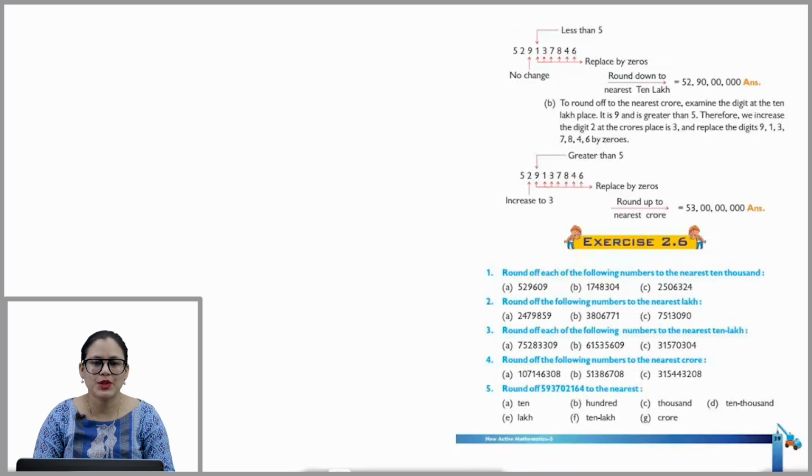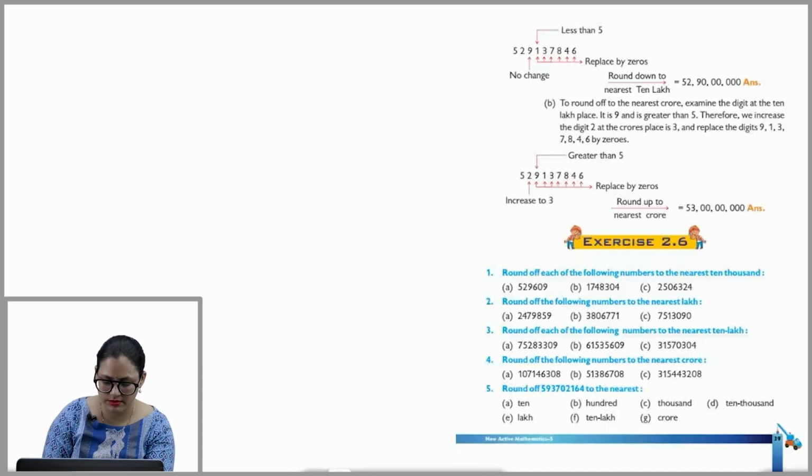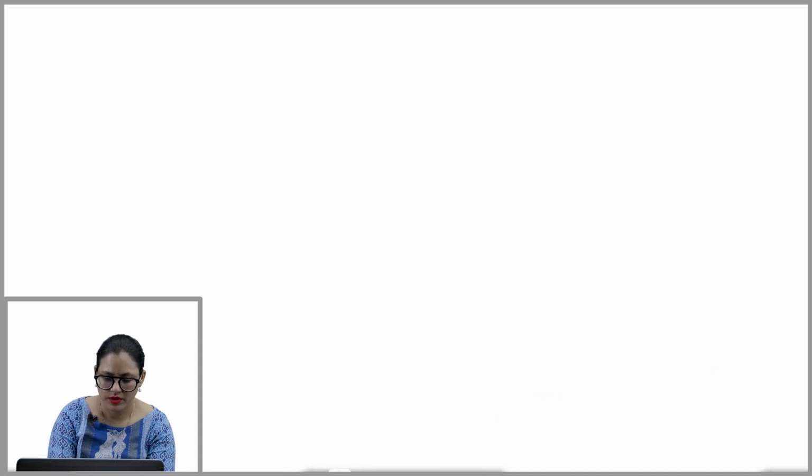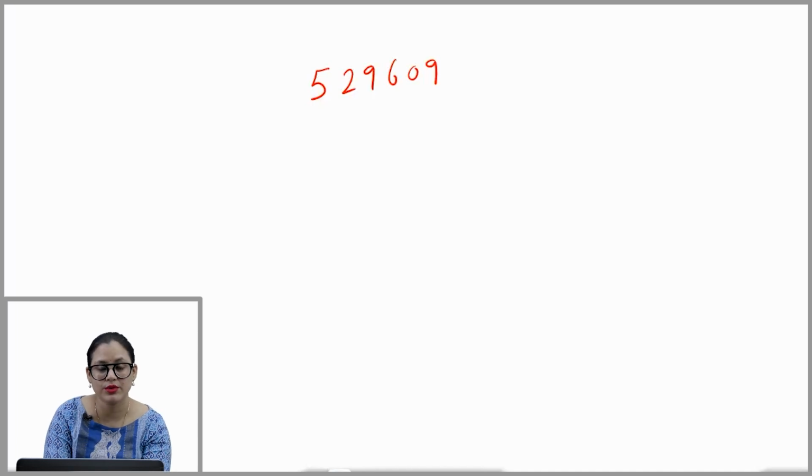Let's do exercise 2.6. Number 1, round off each of the following numbers to the nearest 10,000. So you have this number, 5,29,609. You have to round off this number to the nearest 10,000. We will consider the digit at the thousandth place.